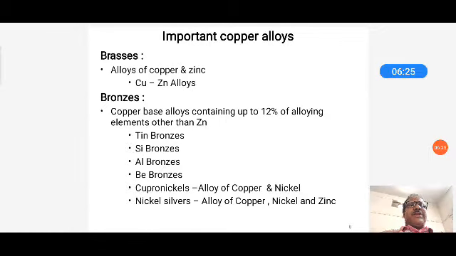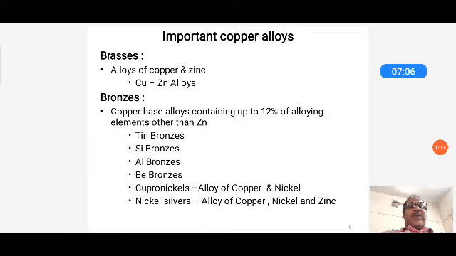The important copper alloys are brasses and bronzes. The alloys of copper and zinc are known as brasses, also known as copper zinc alloys. The copper alloys containing up to 12% of alloying elements other than zinc are known as bronzes.